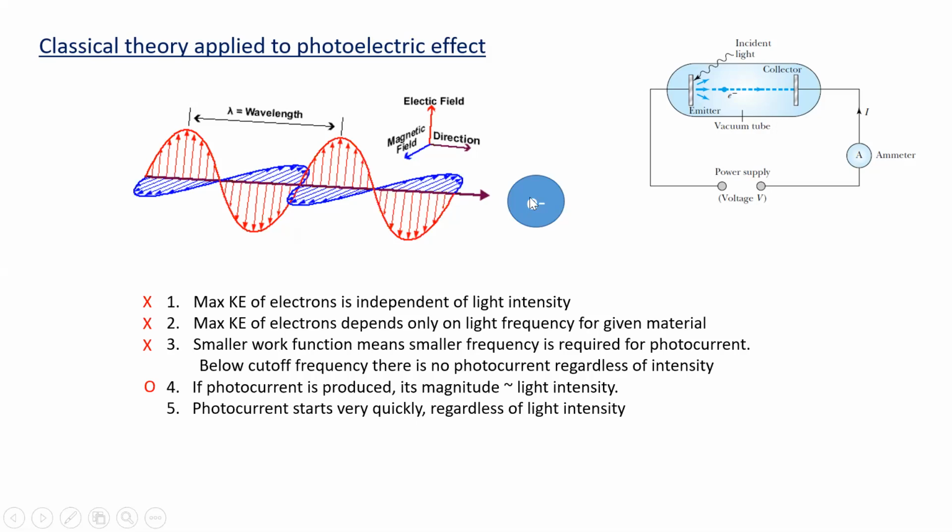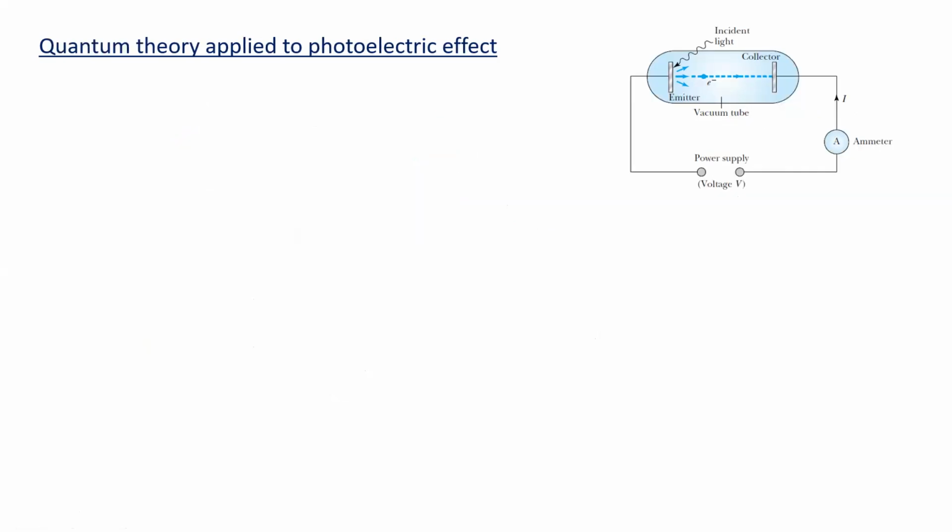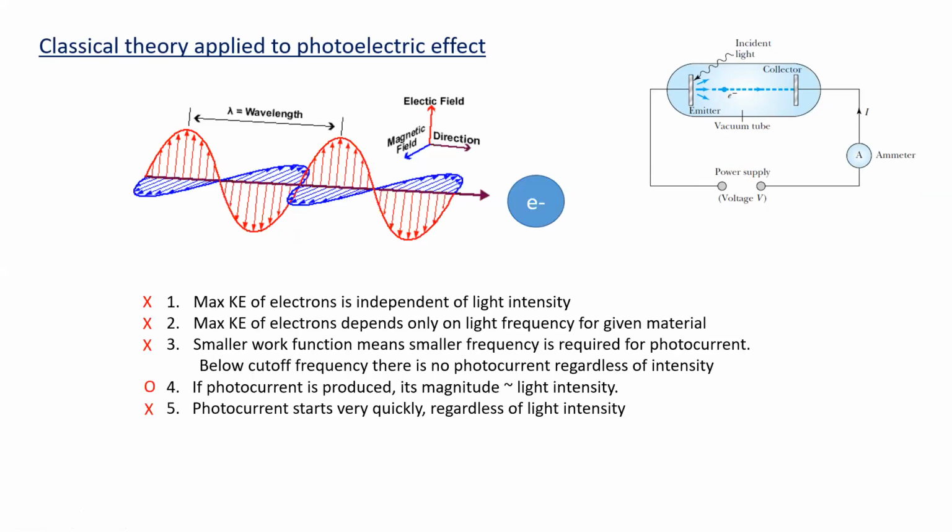So these electrons in the emitter would gather energy very slowly, and so it would take a long time for them to get enough energy to escape. So the photocurrent wouldn't start very quickly regardless of the light intensity. So that doesn't work very well. Okay, so the classical theory doesn't do a great job applied to the photoelectric effect.